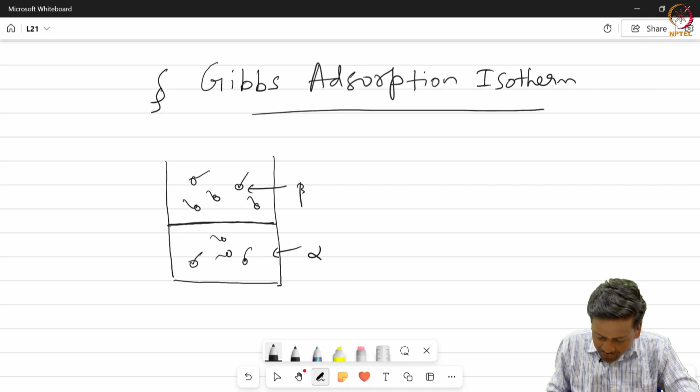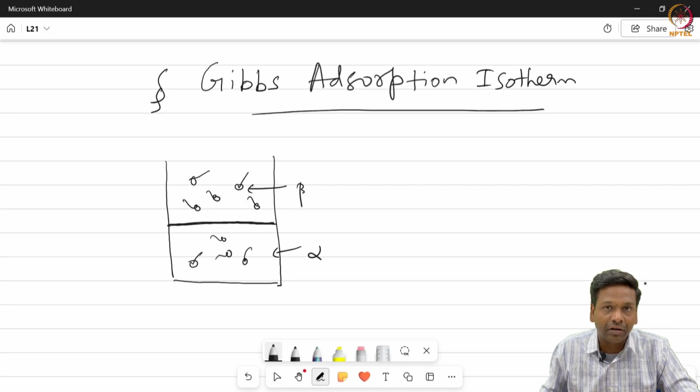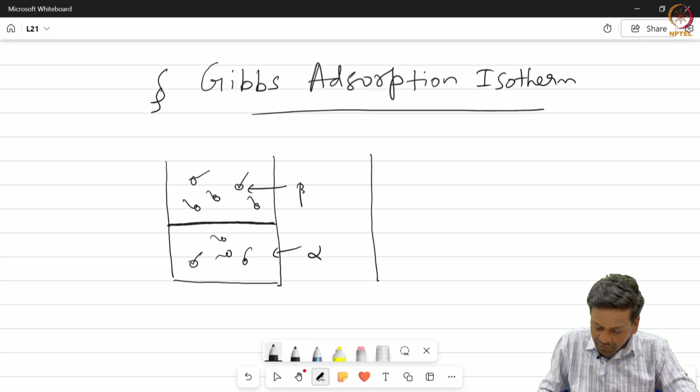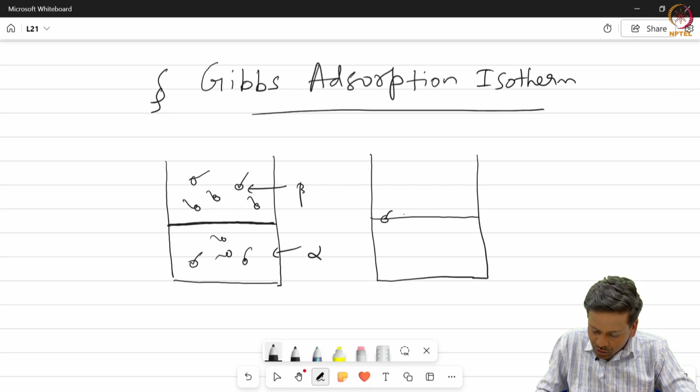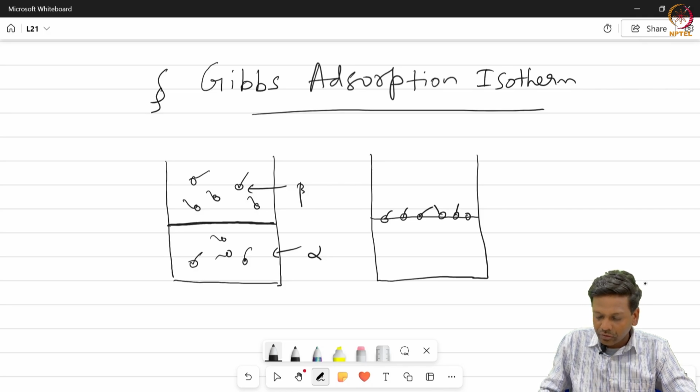Remember, this surface is present as an additional phase. So if they have a tendency to adsorb, some of these molecules will go to the interface, and they will be confined within this zone of interface as well.